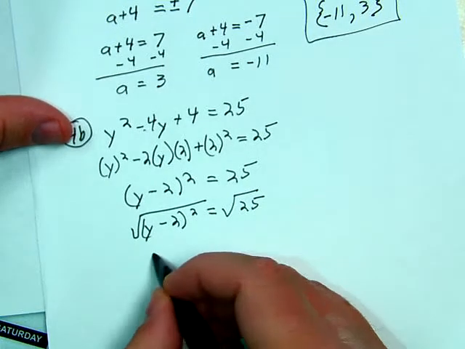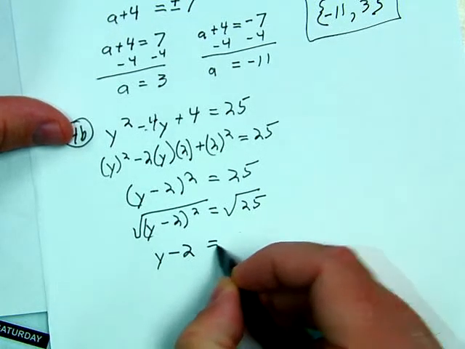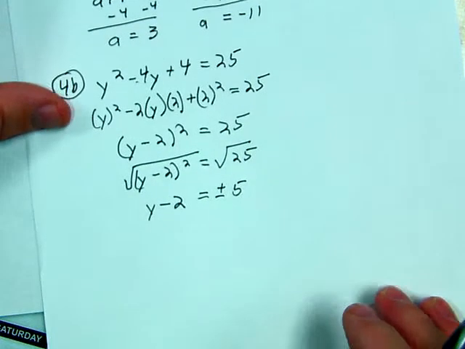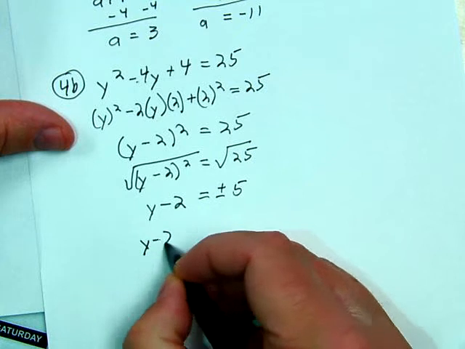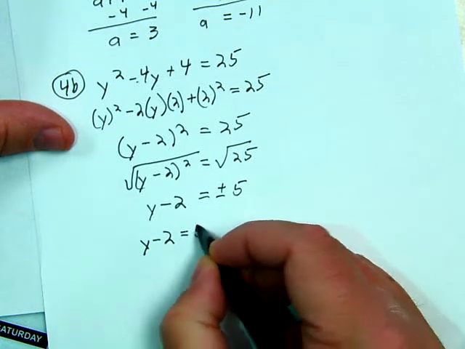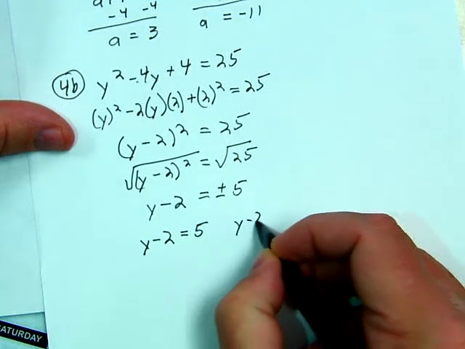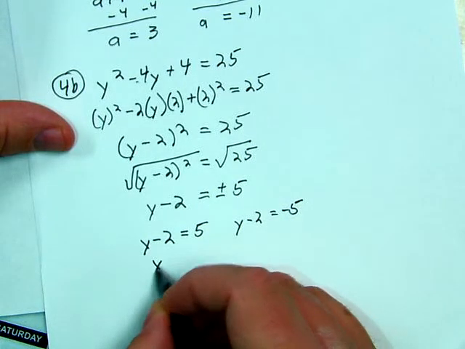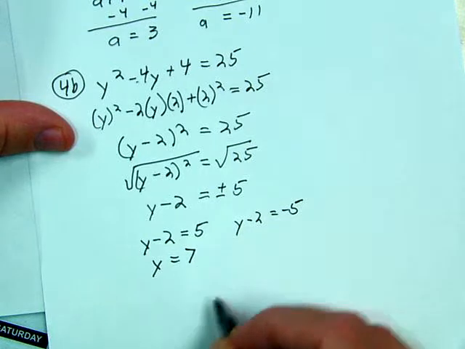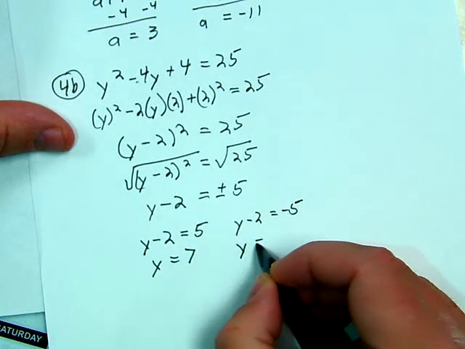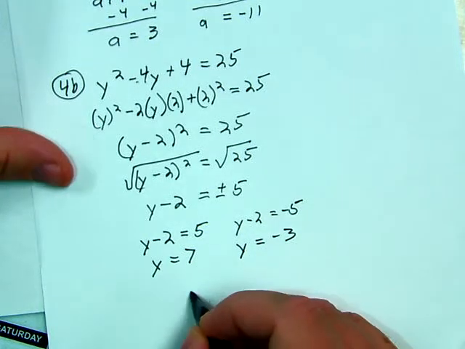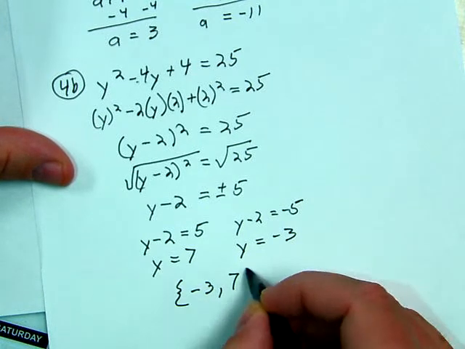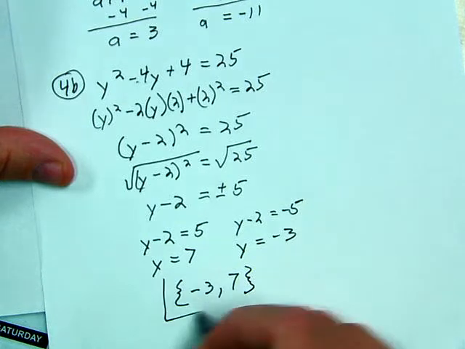I then get y minus 2 on this side equals plus or minus 5 on this side. Just like the last example, I now have to write two equations: y minus 2 equals positive 5, and y minus 2 equals negative 5. I add 2 to both sides here, I get 7. Add 2 to both sides here, I get negative 3. And my solution set is negative 3, 7.